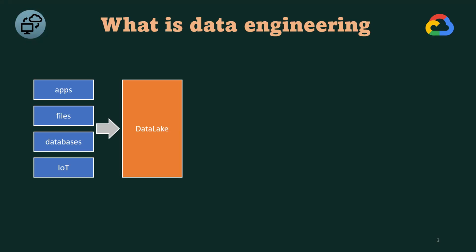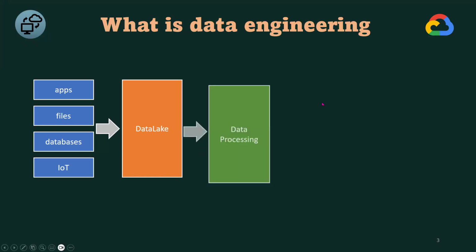My agenda is to analyze the data. If I want to analyze the data, I want the data to be in a single format, processed, prepared for the analysis, and properly analyzed. To do that, I will try to process the data.